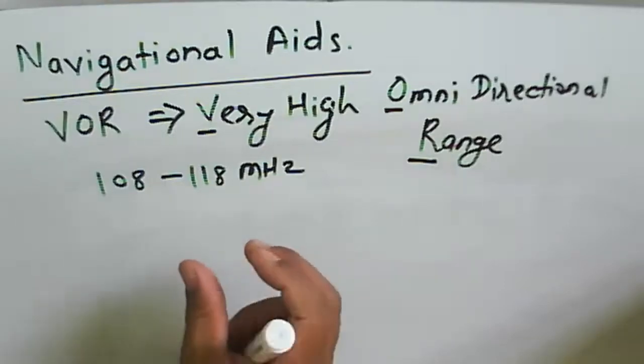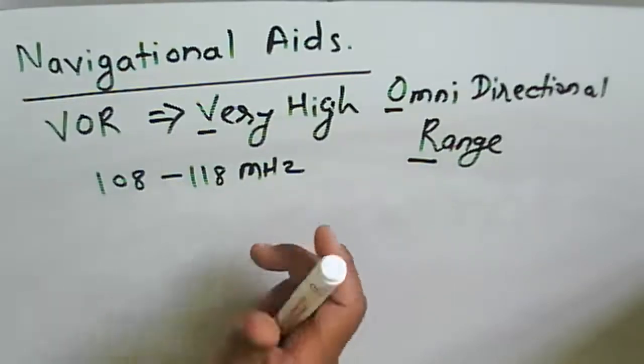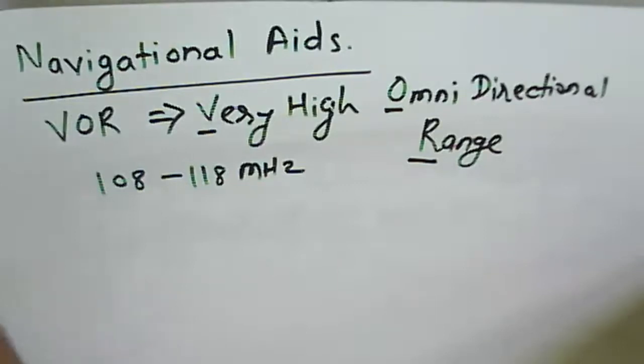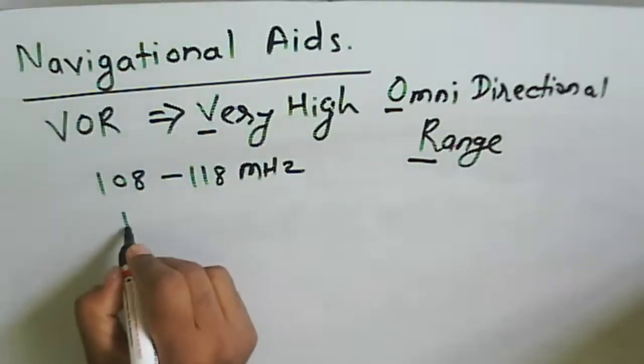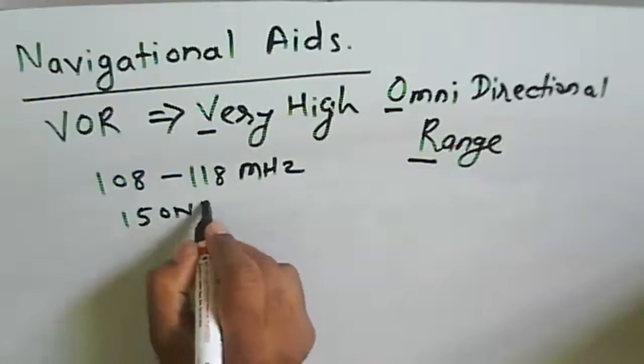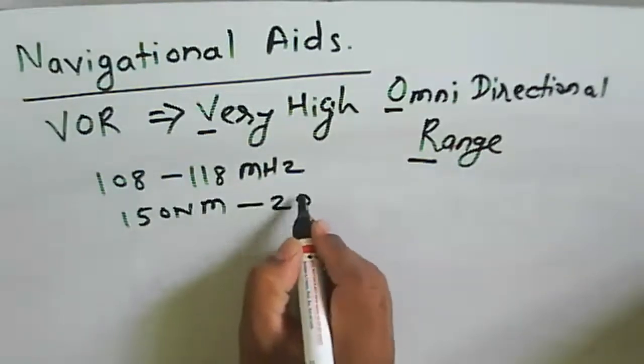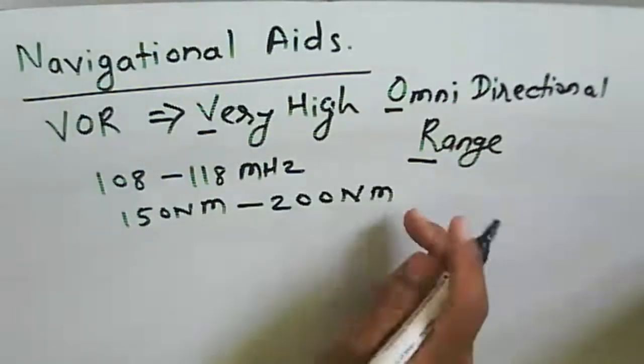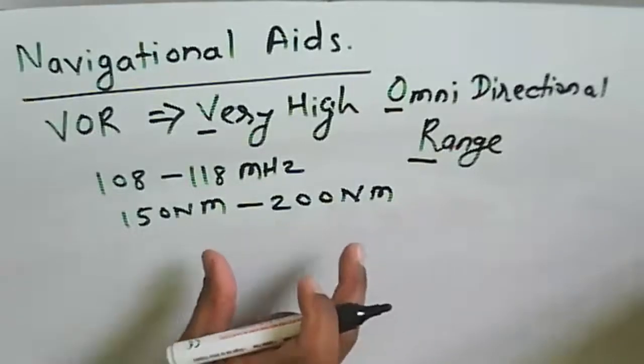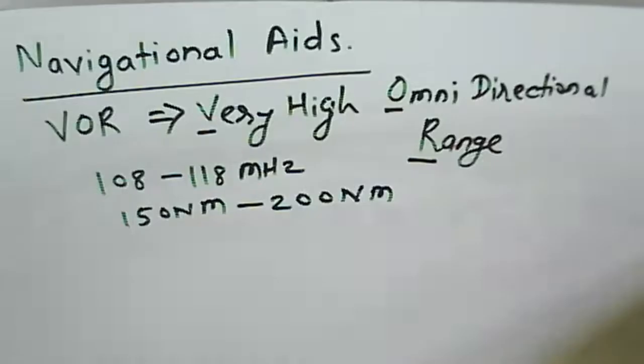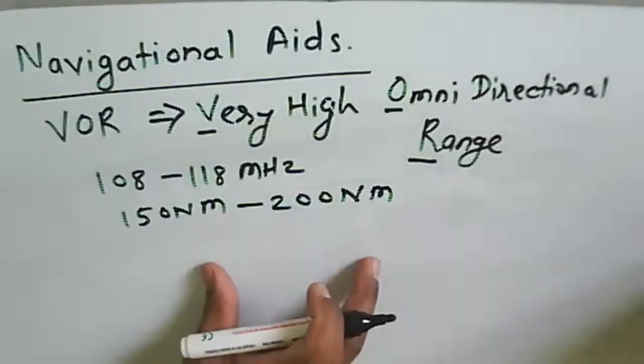The distance between this transmitter and receiver is about 150 nautical miles to 200 nautical miles. That will be the distance from the ground system to the aircraft.